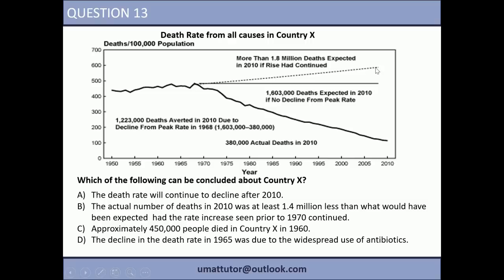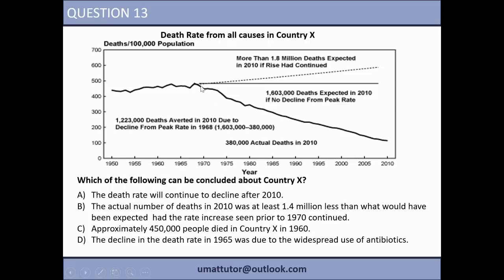Now there's also a comment attached to it, which is that more than 1.8 million people would have been expected to have died in 2010 if the rate shown by the dotted line here had eventuated, if it had continued at that rate. So that's what you could have expected had the rate increase shown here continued until 2010.